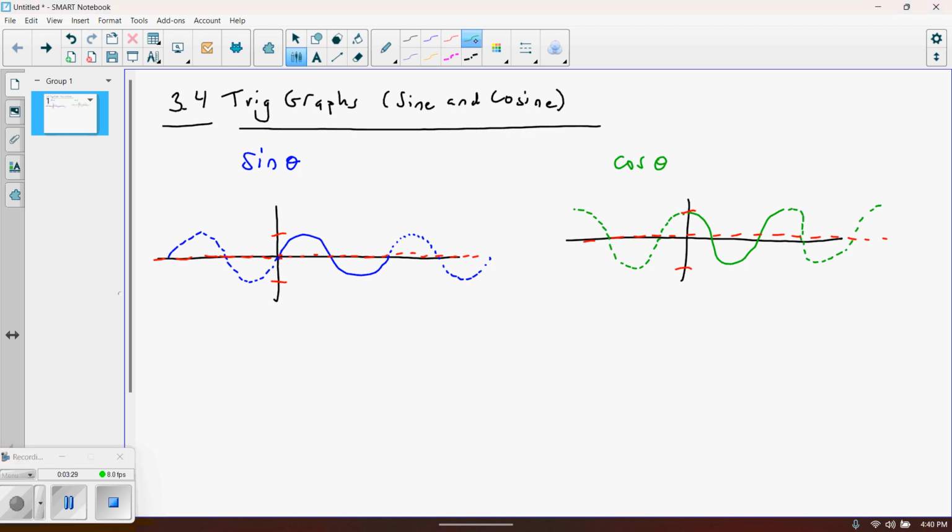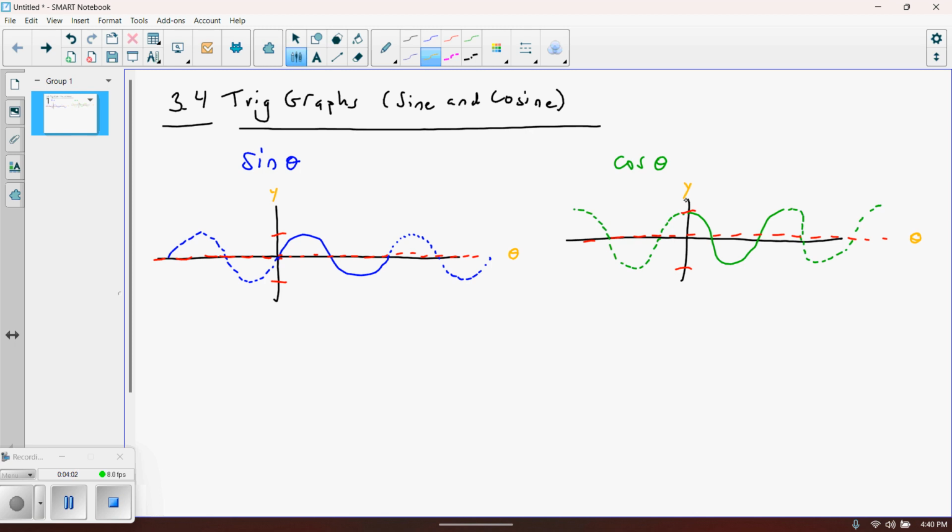Now, all the values that lie on these curves are going to correspond to what we talked about with the unit circle. And this is where the nice connection comes in. If you remember from the unit circle, and I know that sometimes the book uses x, this is going to be your theta axis. Basically, this is representing your angle. And then you're going to basically have your y value still here, your output.